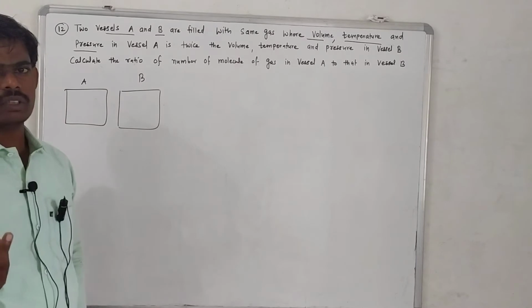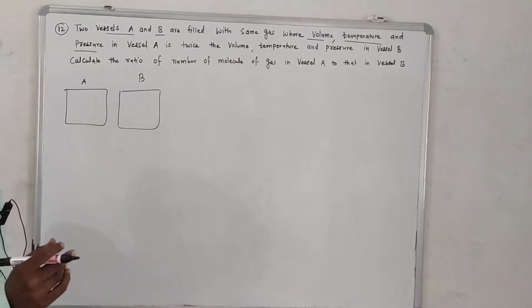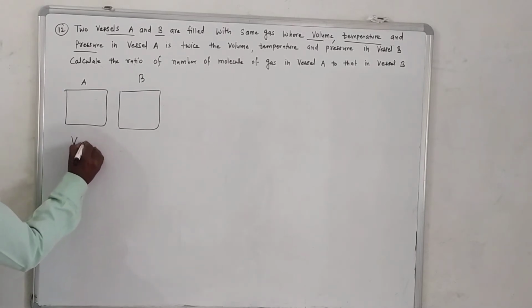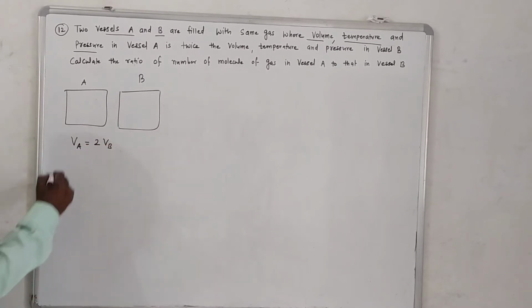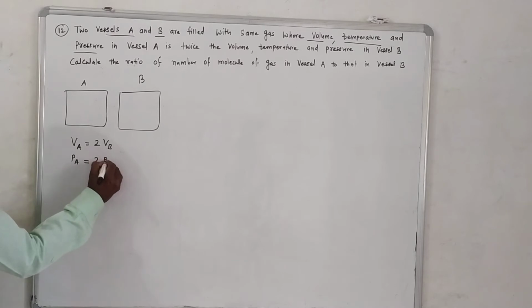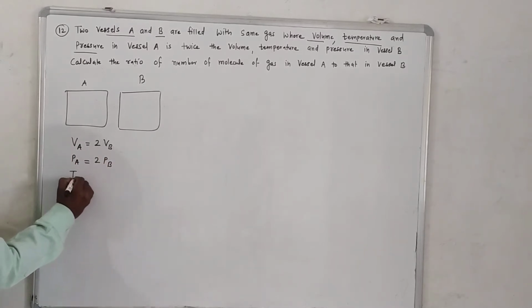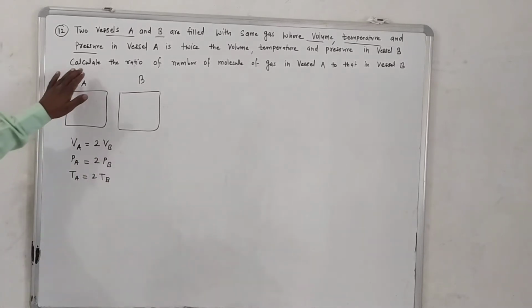So volume of vessel A is 2 times volume of vessel B, pressure of vessel A is 2 times pressure in vessel B, and temperature of vessel A is 2 times temperature in vessel B.